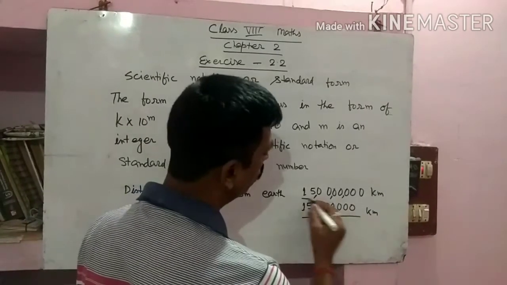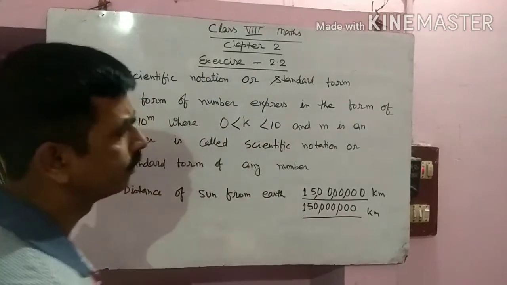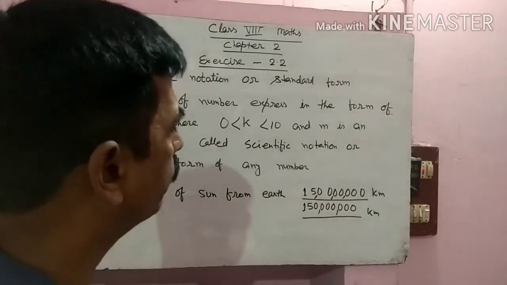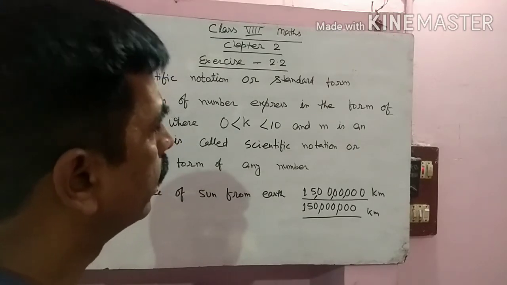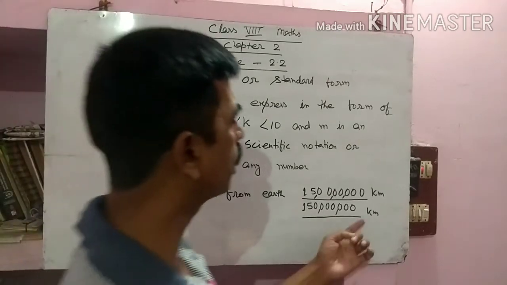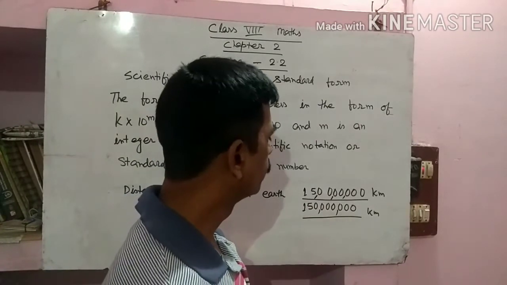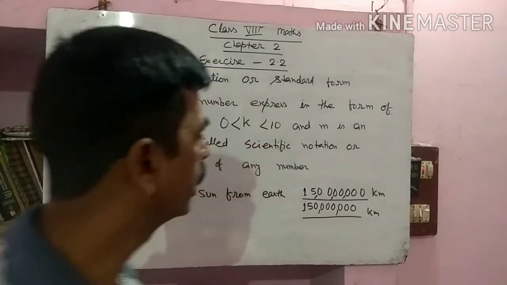Okay, in both the terms what we have seen, that's a really lengthy, large number, so it is not easy to remember that number easily. We can miss the number of zeros, so the result will become wrong.